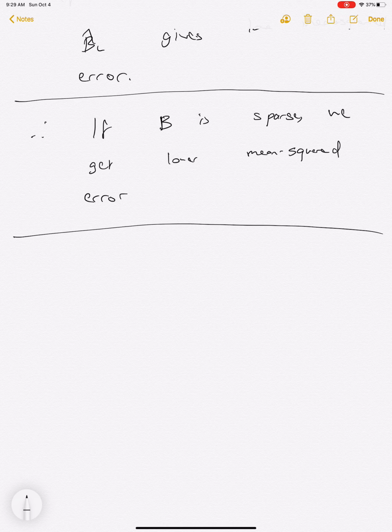Okay, so to wrap this up, I just wanted to talk about some generalizations as well.